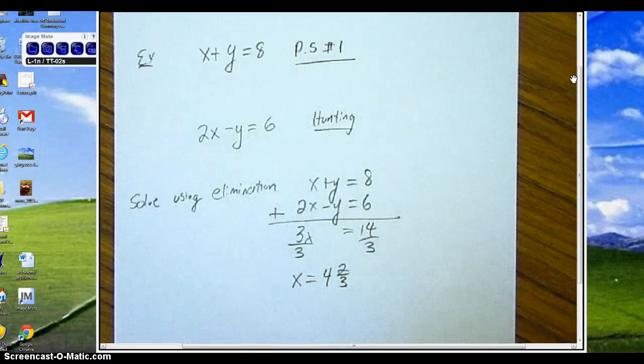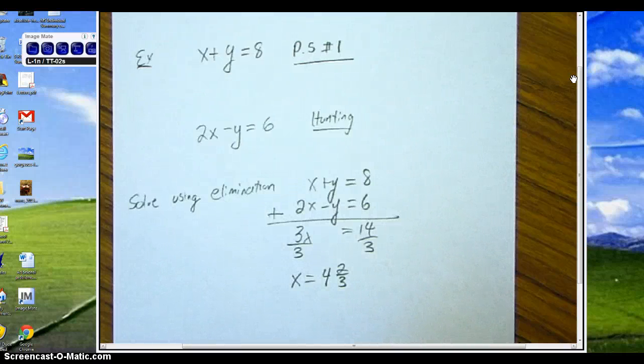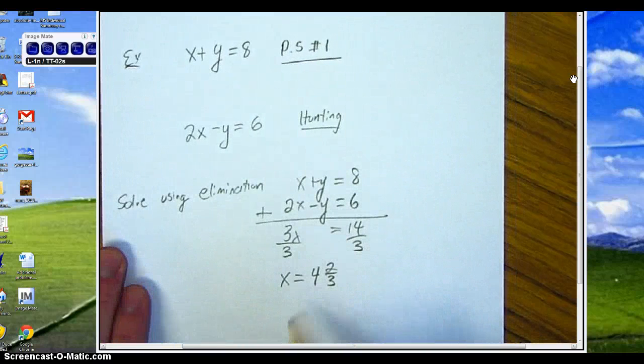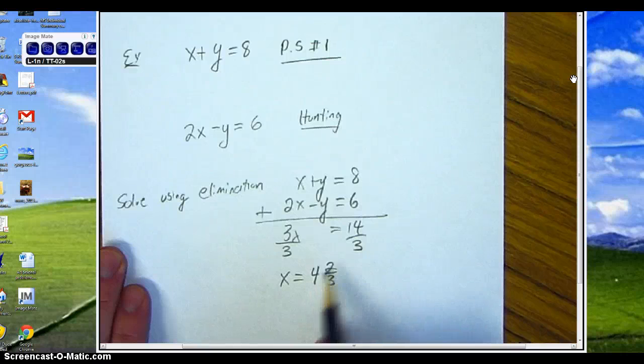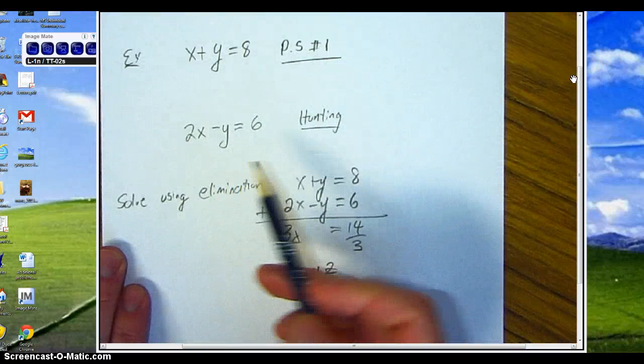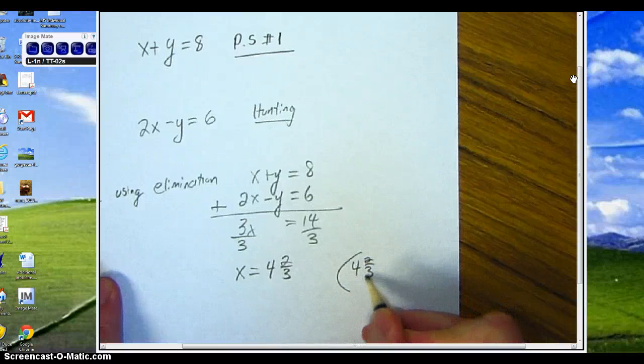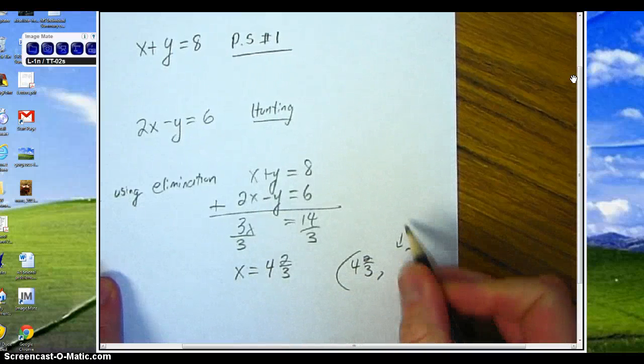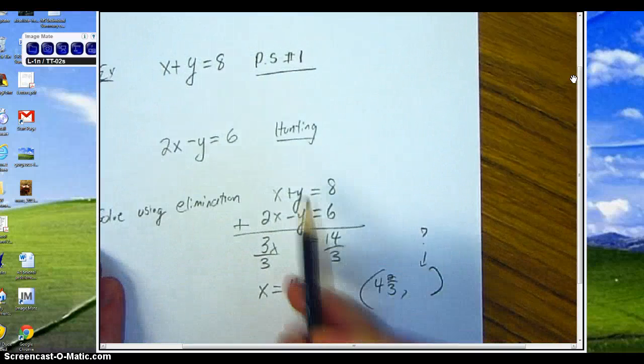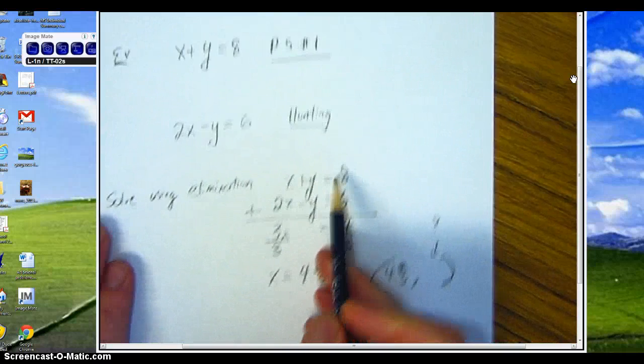Well, that's only my x value. I still have to solve for y. So now I need to plug this not very nice number back into one of these equations to find out where they intersect. In other words, I have 4 and 2/3 as my x value, but I don't know what my y value is yet. So I'm going to plug it into the top equation because it's easier looking to me.